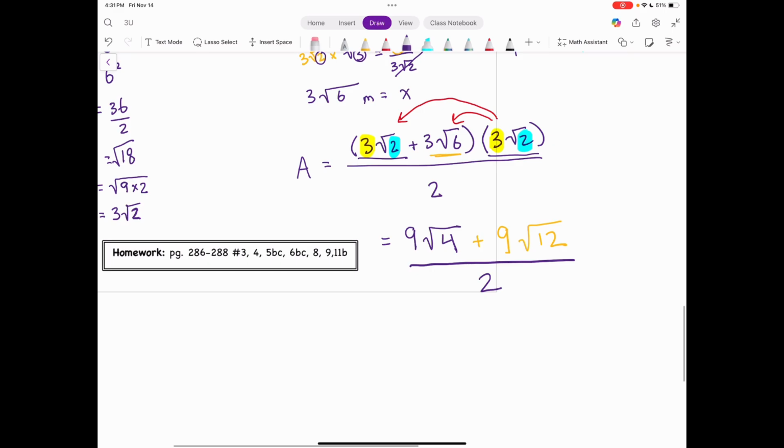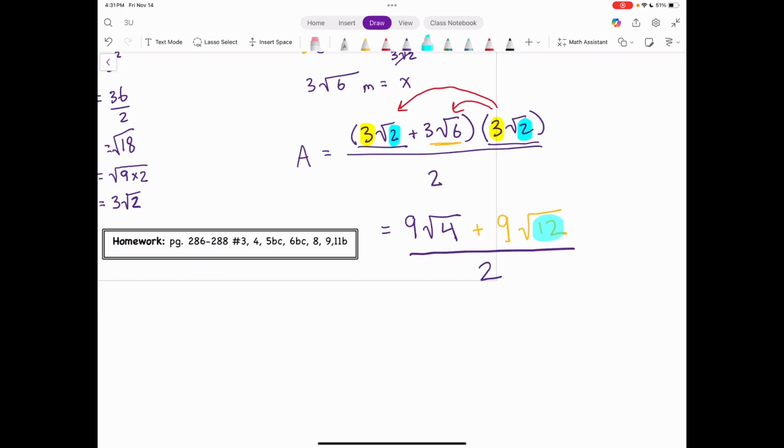Now we're almost done. We just need to keep simplifying our area. We can simplify this and we can simplify this. So 9 stays the same, but the square root of 4 is 2. 9, again, here stays the same, but for 12, we can find two numbers that multiply to 12, one of which is a perfect square, and that would be 4 times 3.